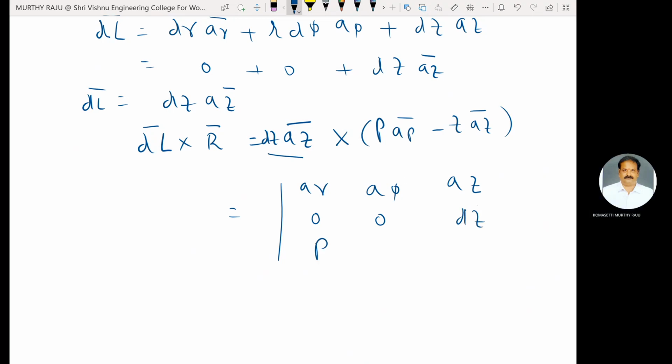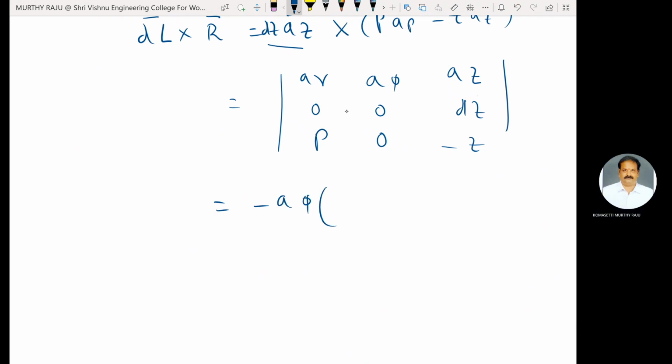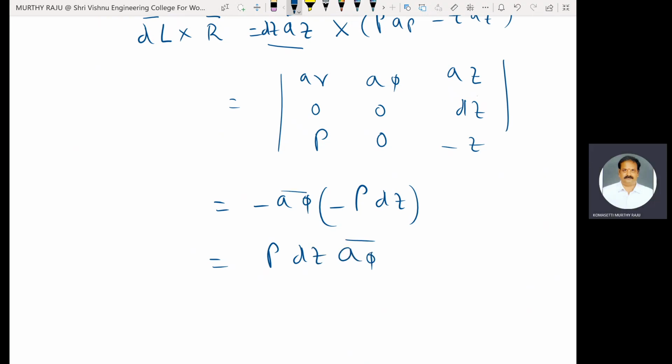For r, it is rho, 0, minus z. Therefore that is equal to a rho into 0 minus 0, minus a phi into 0 minus rho dz, and a z into 0. Finally, rho dz a phi.